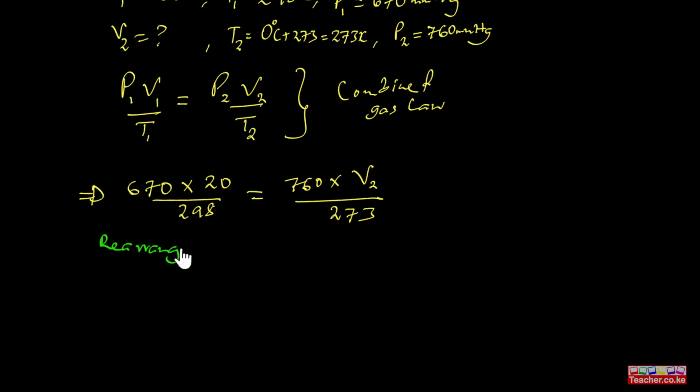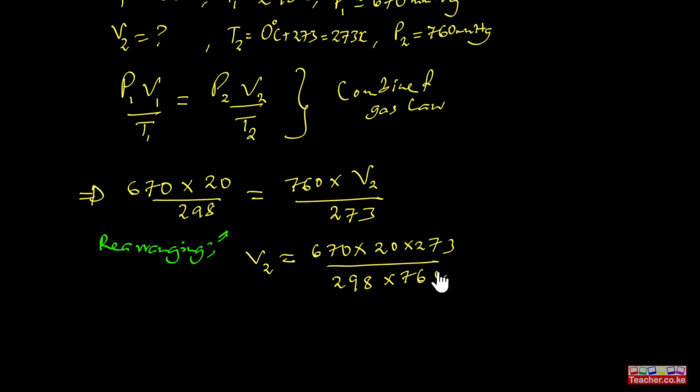If you rearrange or make V2 the subject, we will have V2 equals 670 times 20 times 273, everything divided by 298 times 760. So if you calculate this using your calculator, your answer comes to 16 cubic centimeters. So that is how to apply the combined gas law.